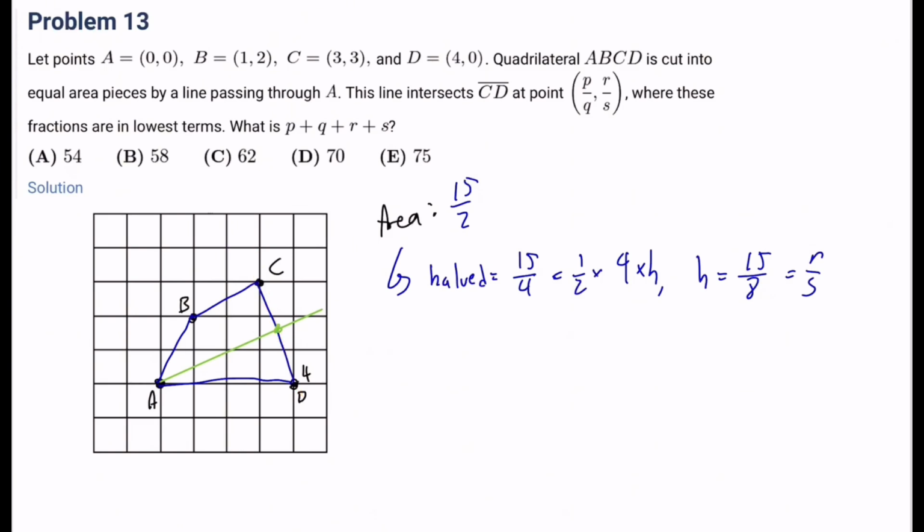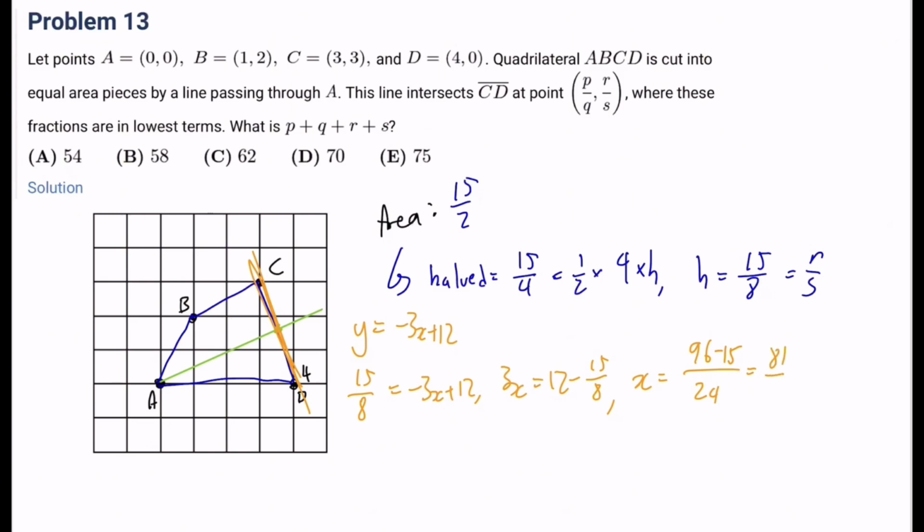So CD, this is equal to y equals minus 3x plus 12. And if we put in y equals 15 over 8, then 15 over 8 equals minus 3x plus 12. 3x equals 12 minus 15 over 8. X equals all over 24, and 96 minus 15, this is 81 over 24, which is 27 over 8, right?